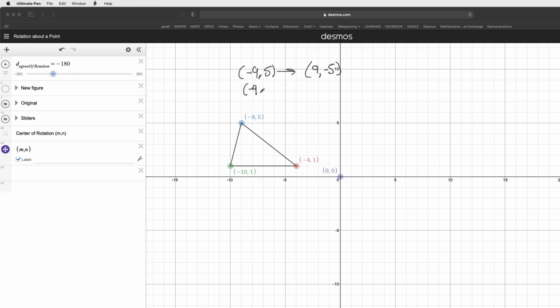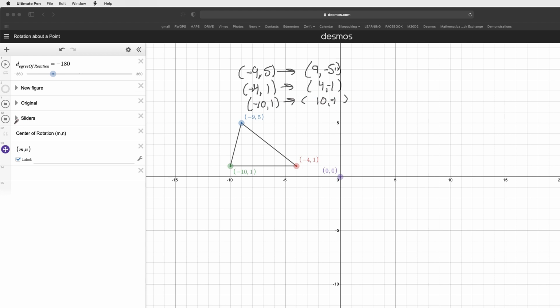I have negative 4 and 1, which should go to the same numbers, but we change the sign. So if that's negative, it becomes positive. If that's positive, it becomes negative. And then finally, I have negative 10 and positive 1. It's going to be 10 and negative 1. If this is negative, it becomes positive. If this is positive, it becomes negative.